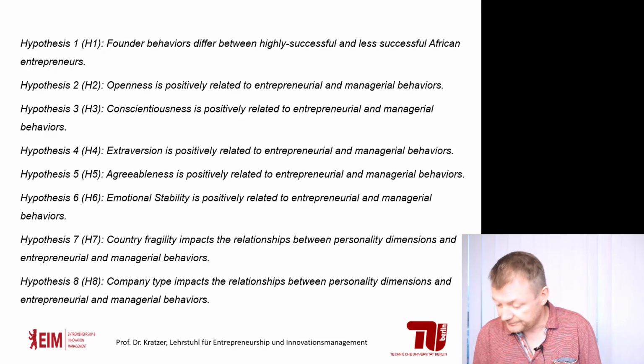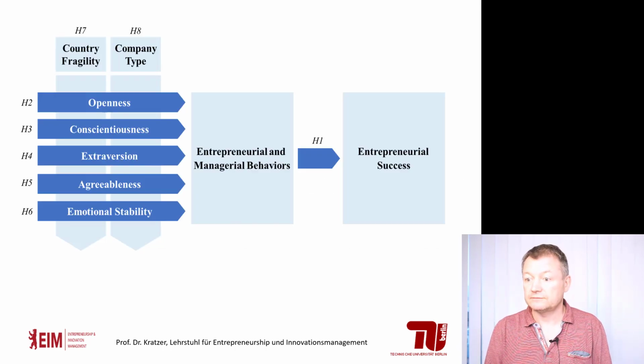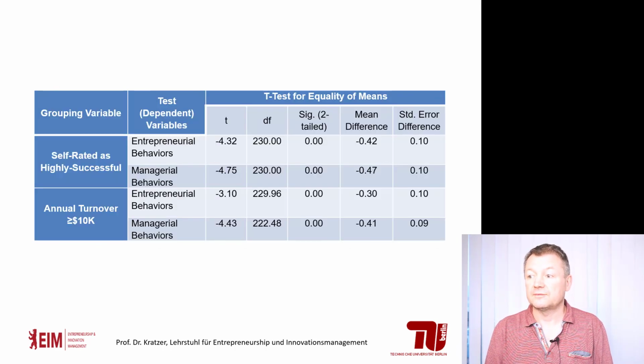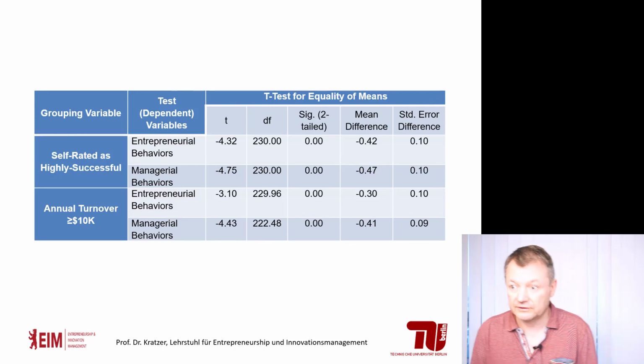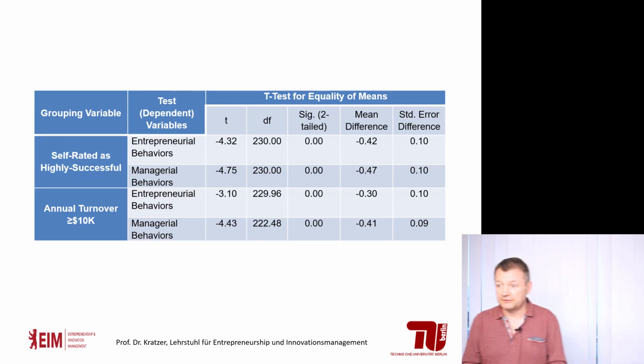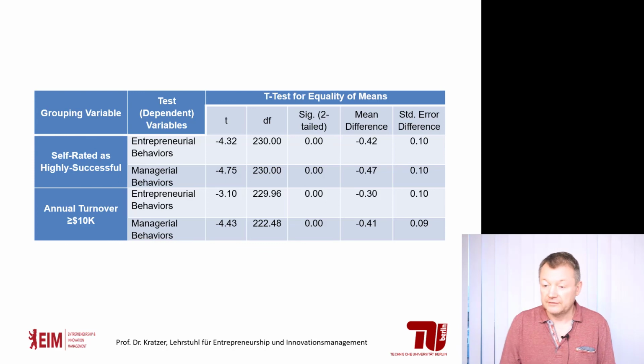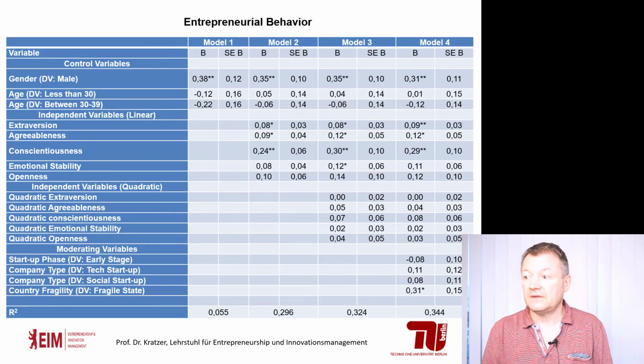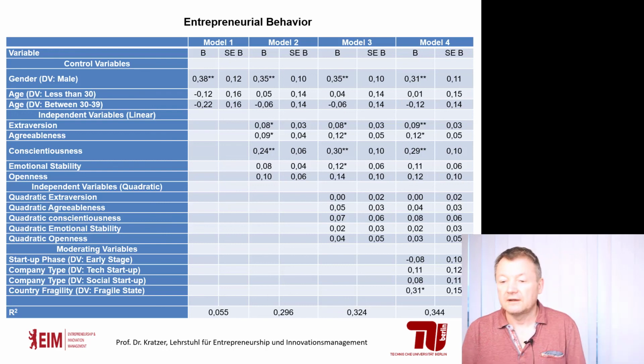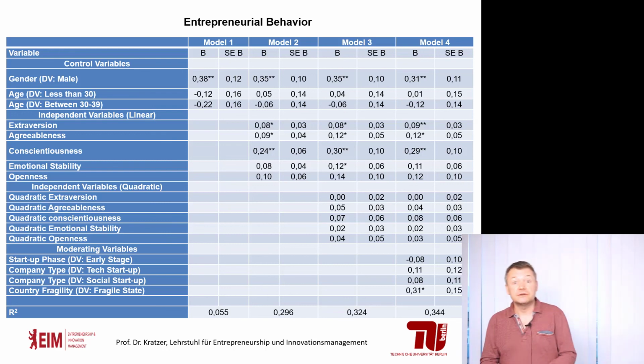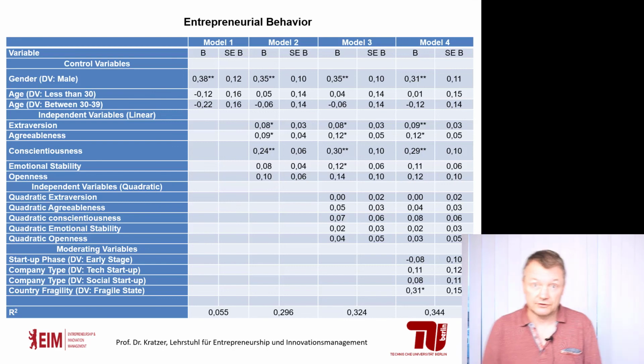We have set up a conceptual model, and we were analyzing all of that, entrepreneurial behaviors, managerial behaviors, and conscientiousness turns out to be the most important variable, also as a behavior variable, as you can see in this table, which is different. You would not find that so much in Europe, but it makes a lot of sense.